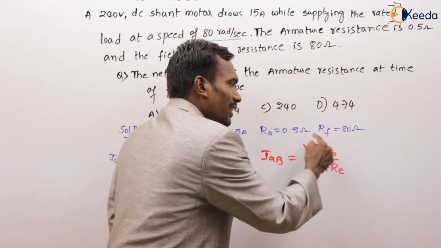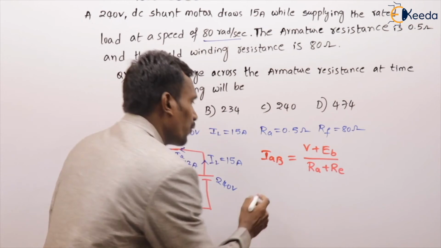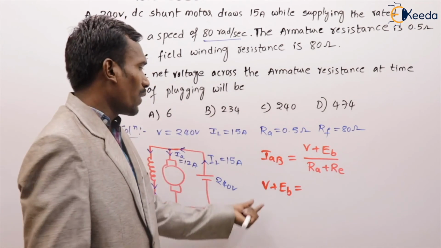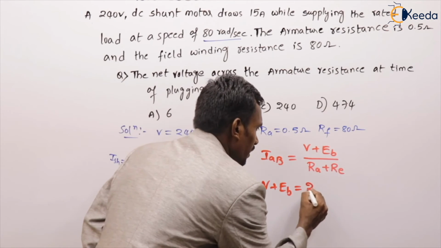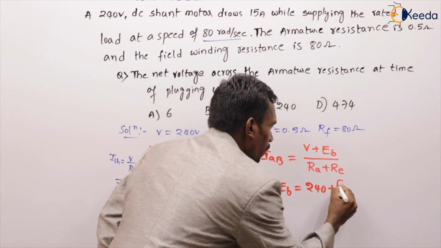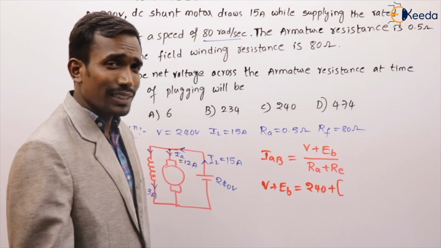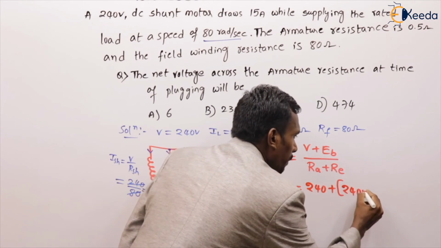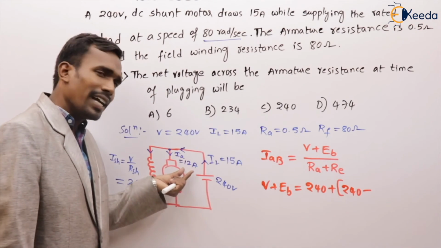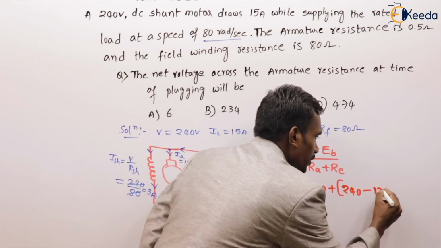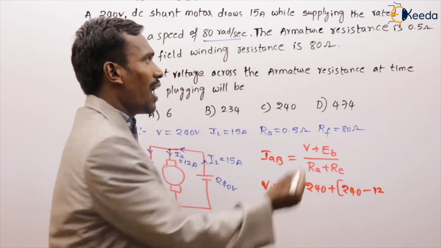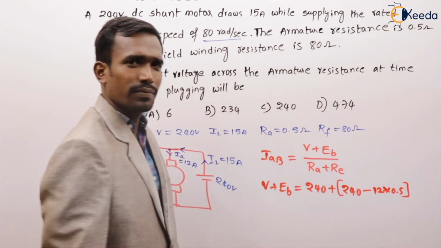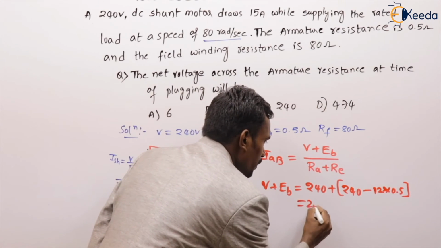The voltage at the time of plugging is V plus EB. V is 240 given, plus EB. What is the formula for EB? V minus IA RA. IA I calculated as 12 and RA is 0.5.